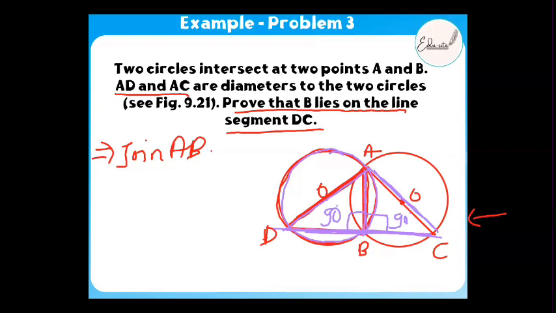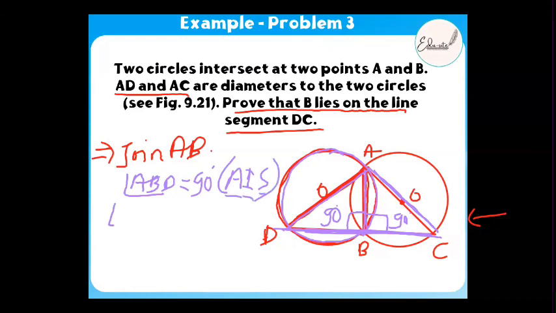So I'll just write the statements for you. Join AB is done. Then what you can write is: we know that ABD is equal to 90 degrees. Why is it so? Because of angle in a semicircle. I'll write it in short form. Then we also know that ABC is equal to 90 degrees, because it is also an angle in a semicircle.